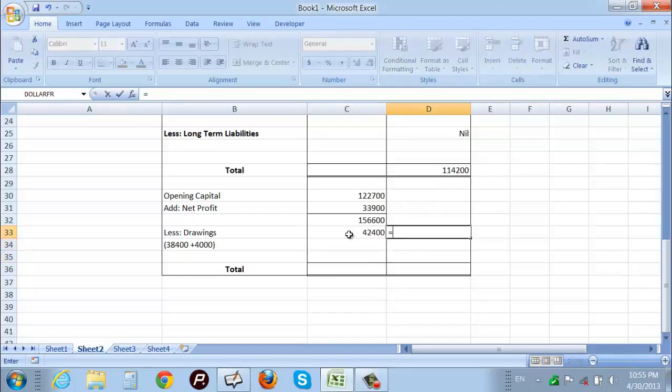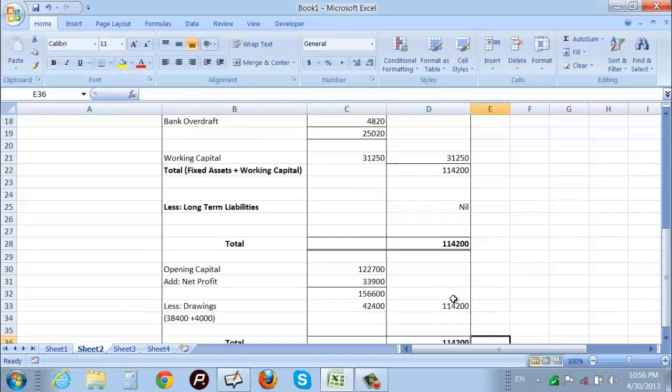So let's see. The closing capital will come $1,14,200. So in this manner the total of the second part will also be $1,14,200. So in this manner we prepare the closing statement of affairs. Total of first part is also 1,14,200 and total of the second part is also 1,14,200.